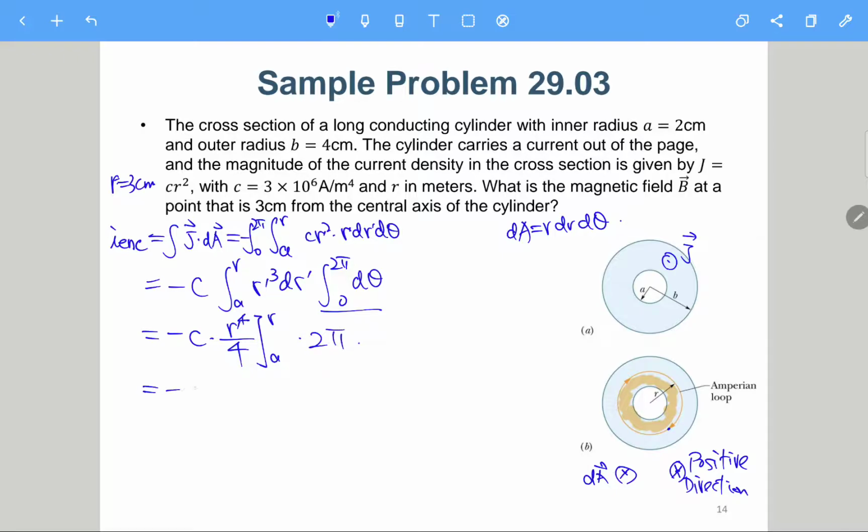So finally we have minus C times r to the 4th power minus a to the 4th power all over 4, times 2 pi, which is minus C pi over 2 times r to the 4th power minus a to the 4th power.